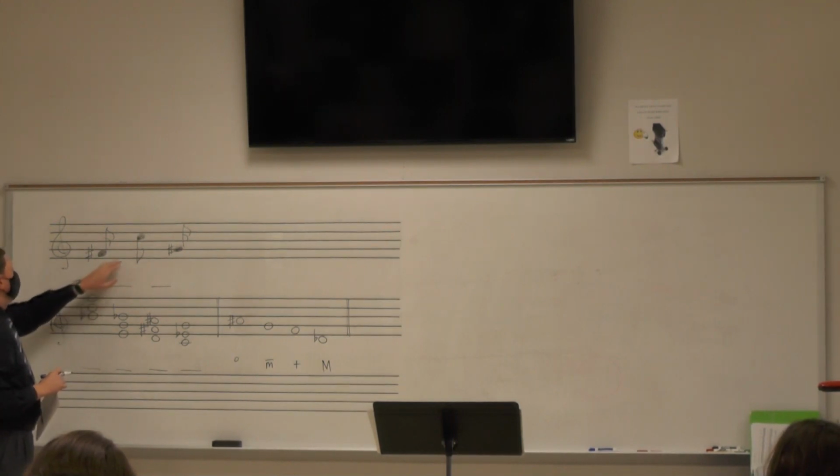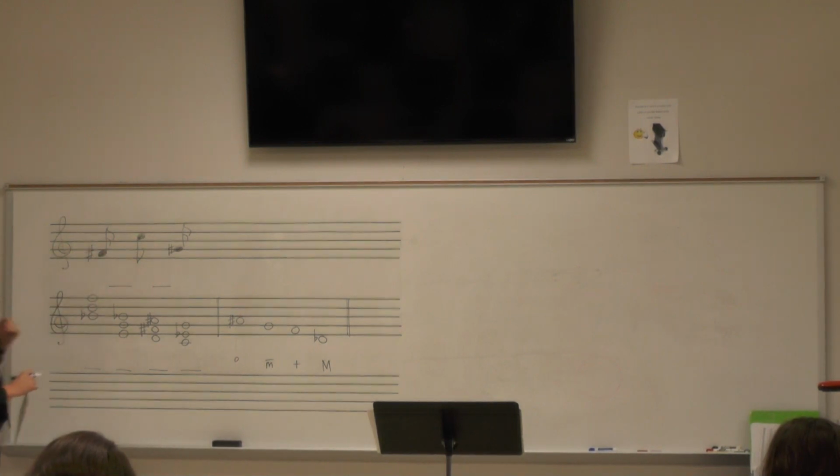If I count lines and spaces here, I have 1, 2, 3, 4, 5. F sharp up to C is some sort of fifth. I would probably think of what I know is a perfect fifth above an F sharp. And a perfect fifth would be scale degree 5 in the key of F sharp.